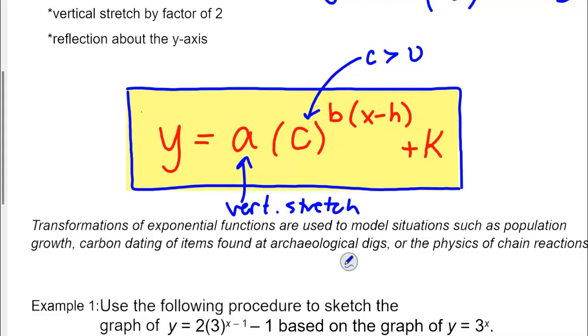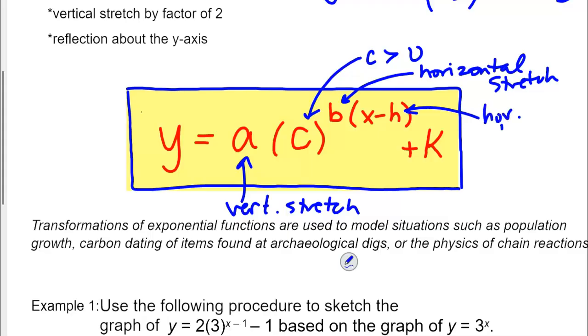As you already know, we have the horizontal stretch. And of course, if a or b are negative, we see the reflections. And then we have the h, of course, is the horizontal translation. You can write the words out in full in your notes. And k would be the vertical translation.